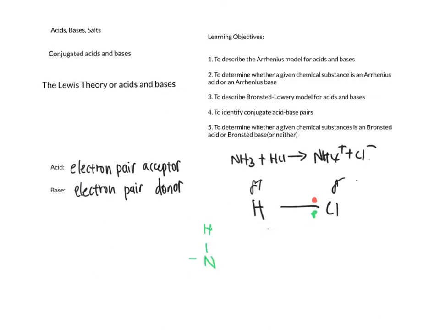So we've got NH3 here. We've got HCl. I'm going to change to a different color. Two electrons move to H plus and go to Cl.